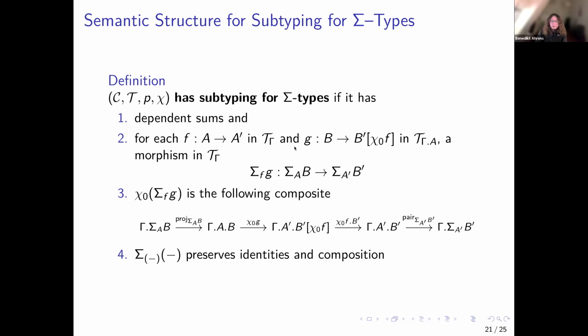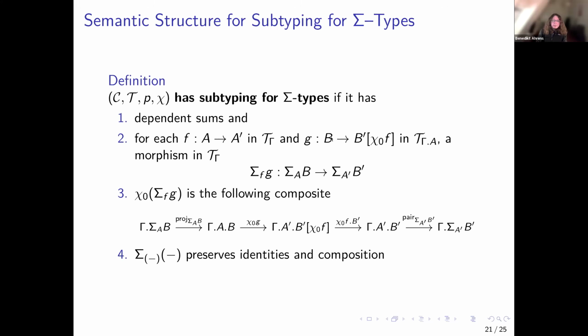We want to have for any morphism F and G like this in a fiber of T, a morphism sigma F G from sigma A B to sigma A prime B prime, such that the comprehension of this type morphism is exactly this composite that I've written down here, and such that sigma preserves identities and composition.